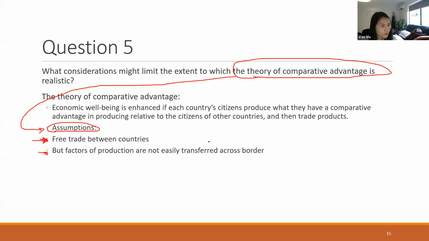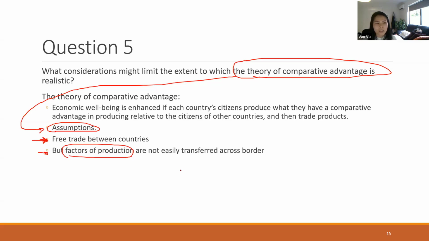Second, for a comparative advantage to exist in the first place, the factors of production in different countries should not be easily transferable. Which means that the reason why I am very efficient at producing, say, cars, is because the factors of production in my country allow me to do so.